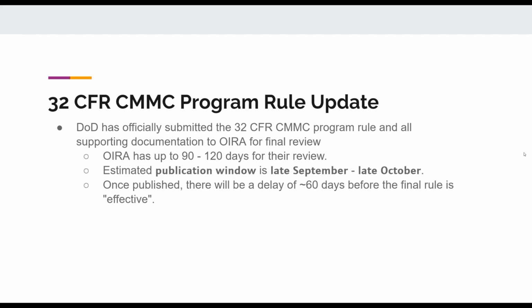So, with the 32 CFR, that's been submitted to OIRA for final review. So we're kind of creeping up on the publication window, because it's been about 90 to 120 days. So late this month or late next month, within the next 30, 60 days, we're going to be seeing this rule come out as published.